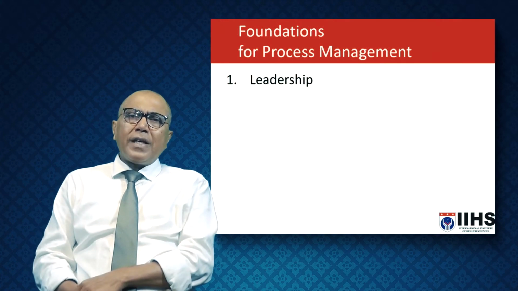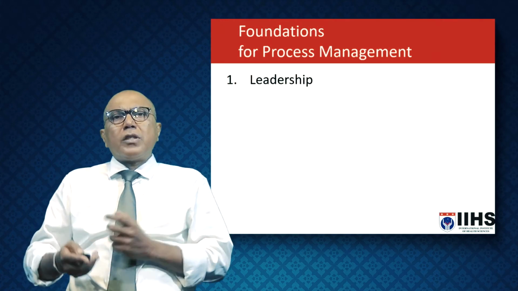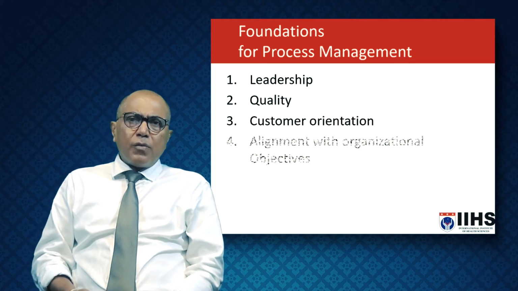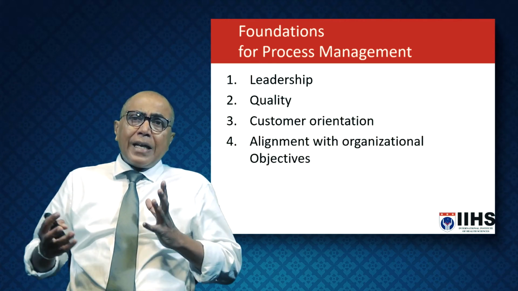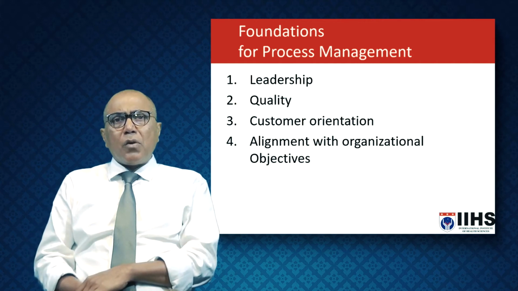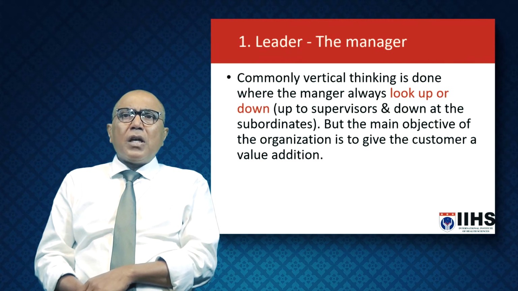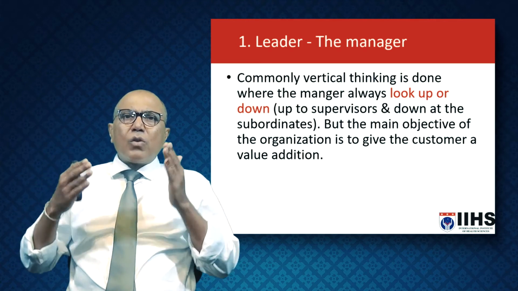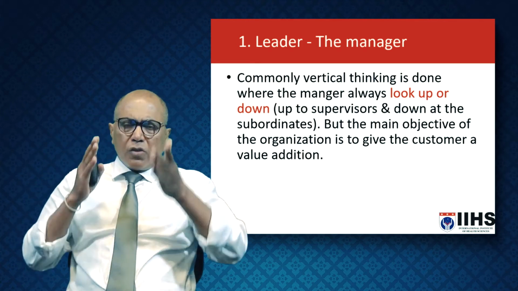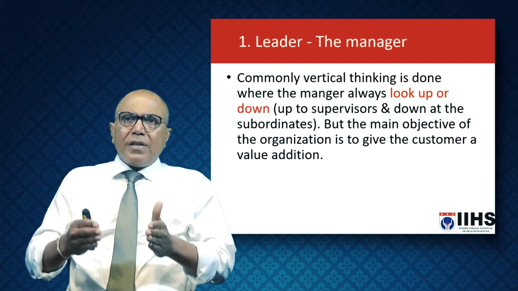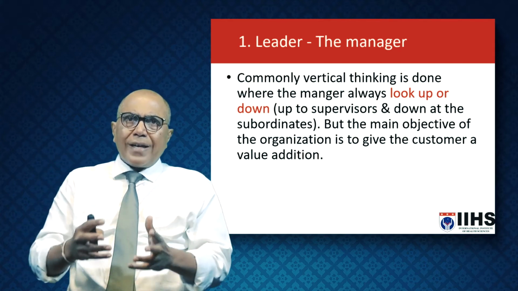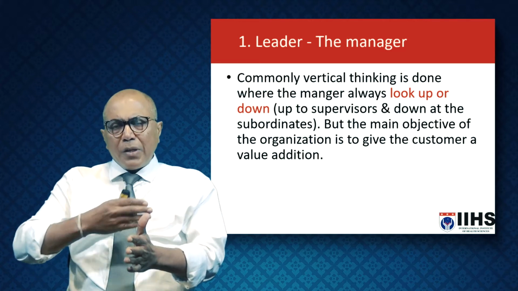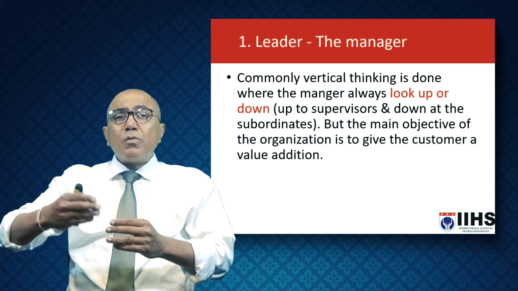If you look at the foundations in process management, leadership is important, quality is important, customer orientation is important, and alignment with the organization's objectives is important. Let's look at leadership, because basically a manager always looks up or looks down, at his boss or down. But the main objective here is the alignment of the patient care process into a very smooth process.